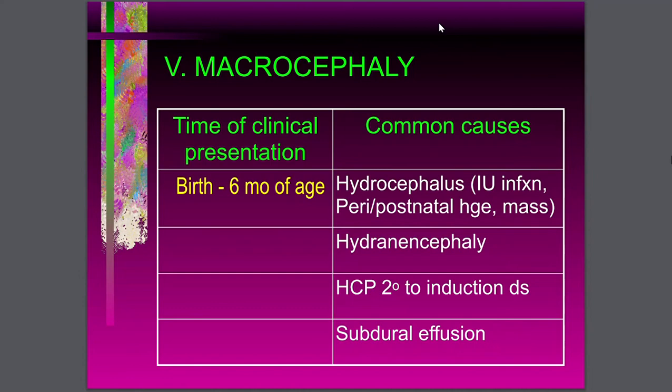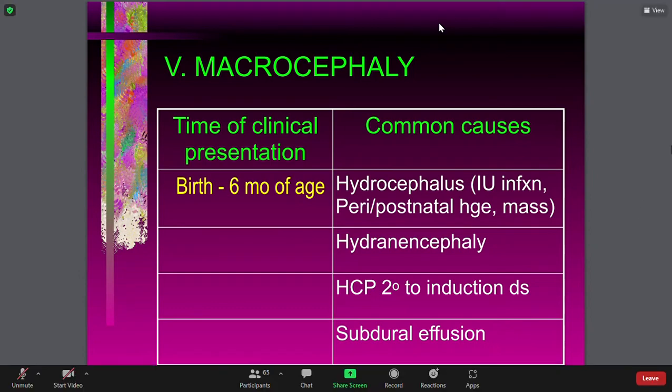The macrocephaly may also be due to a subdural effusion, which may be a problem in the absorption of cerebrospinal fluid, or it may be secondary to an infection in the CNS, maybe neonatal meningitis or neonatal abscesses. Next slide, please.